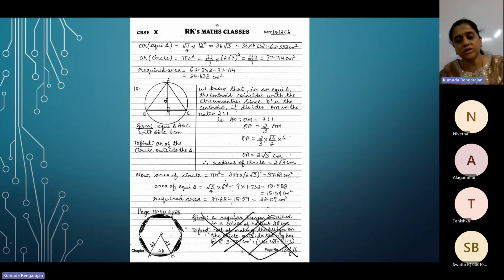See, in the question, it was only given that the radius of the circle is 28, right? But how do you know that the side of the hexagon is also 28?